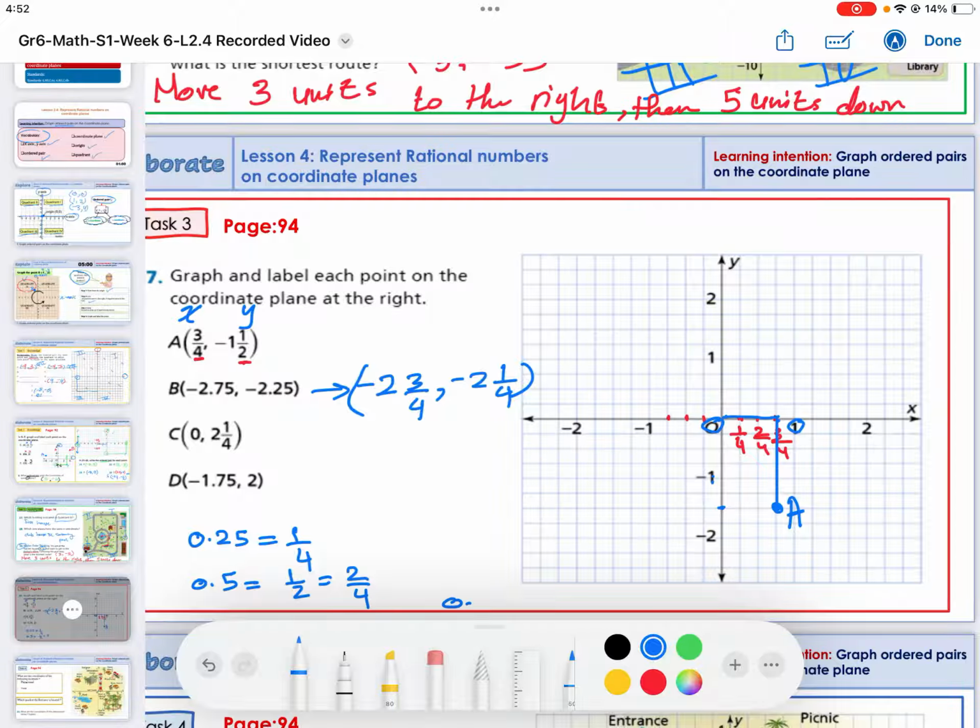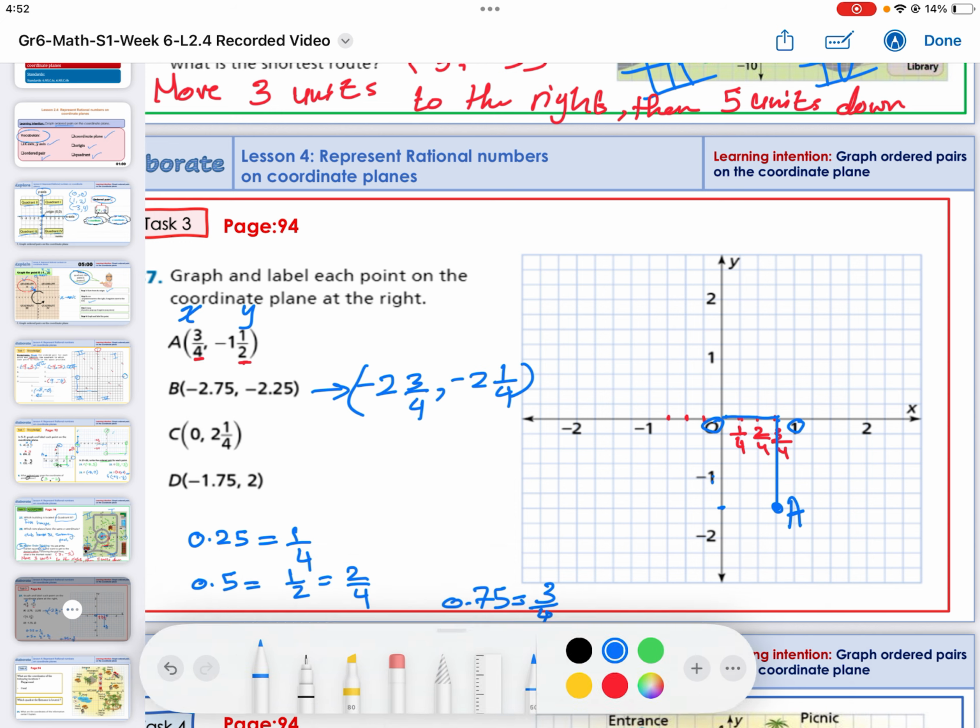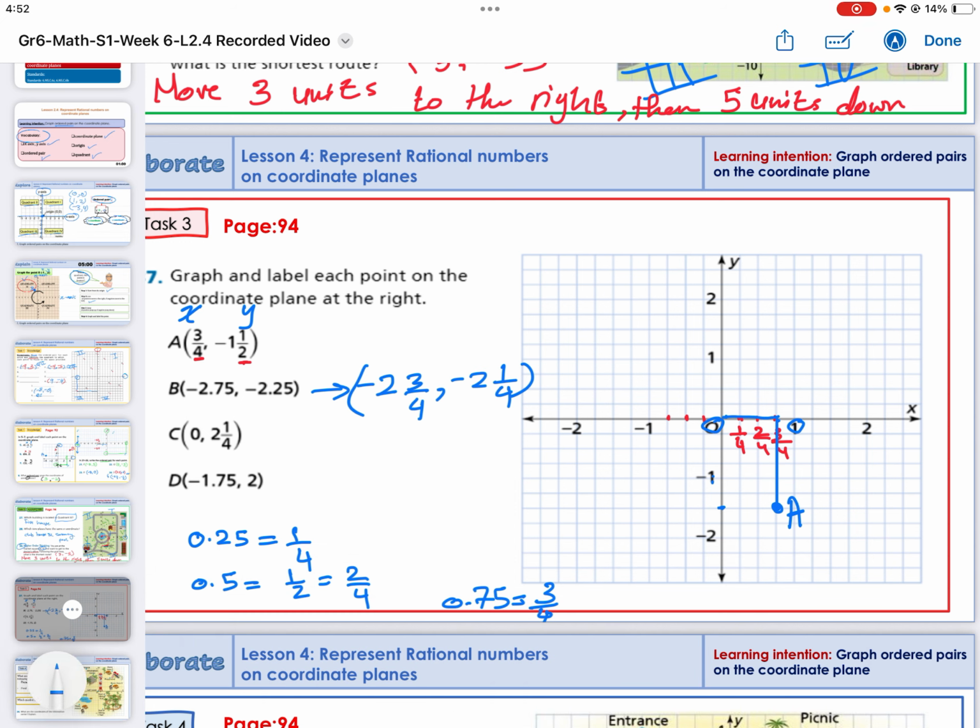And finally, 0.75, it's the famous one, 3/4. Okay, guys? So these famous decimals and fractions are repeated a lot in many lessons, as you've seen in the previous lessons.